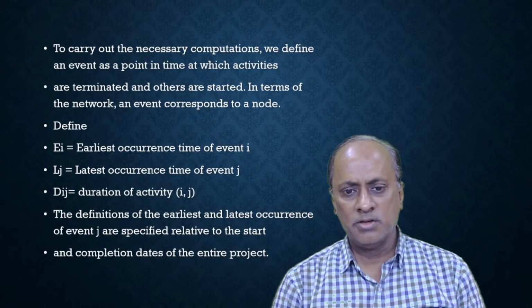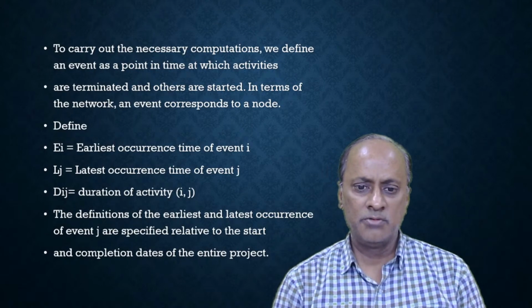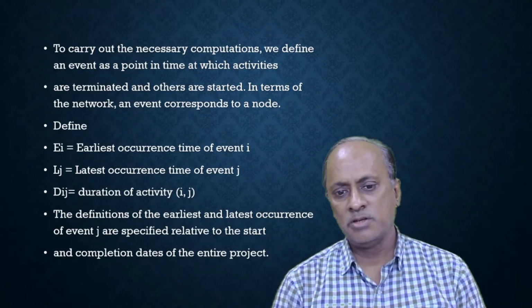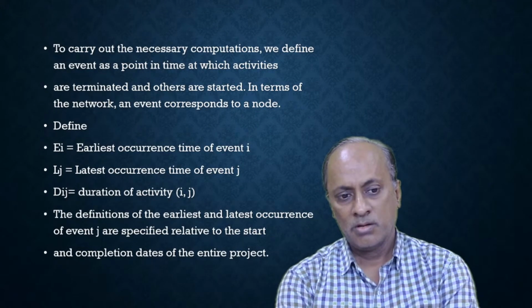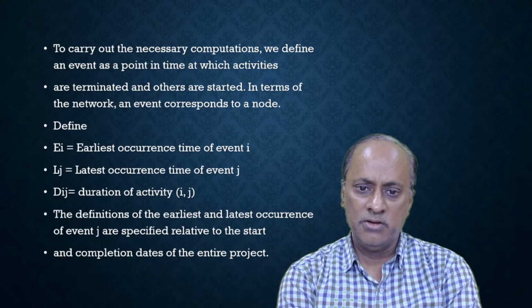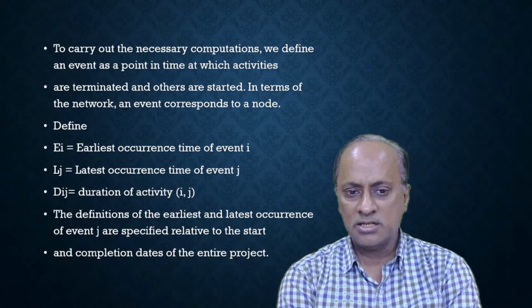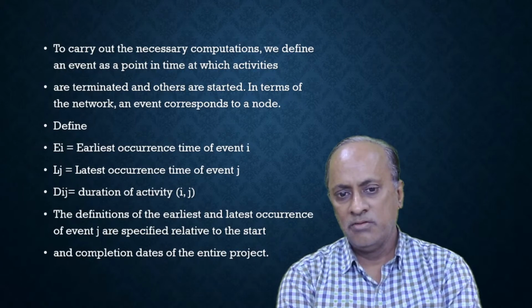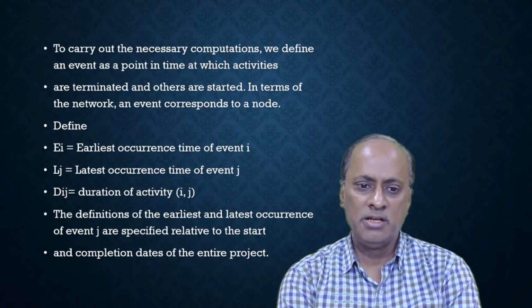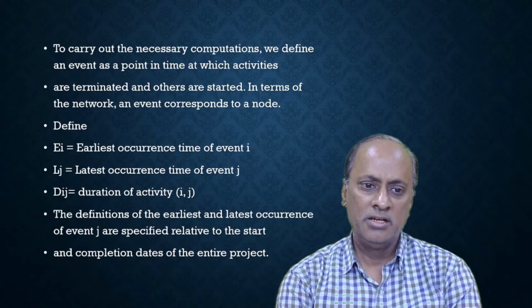These definitions of the earliest and latest occurrence are specified relative to the start and completion dates of the entire project. So E_i stands for the earliest occurrence of event I, L_j stands for the latest occurrence of event J, and D_ij is the duration of the activity between I and J.